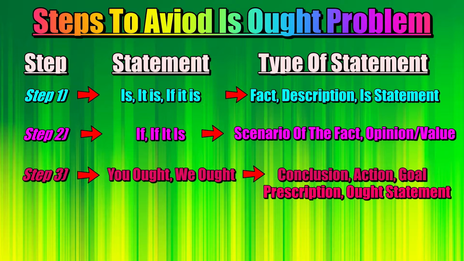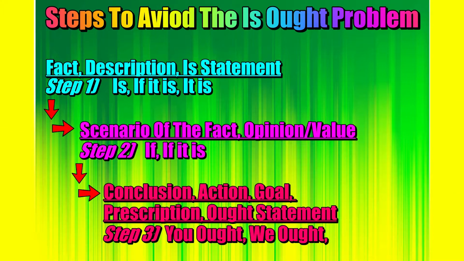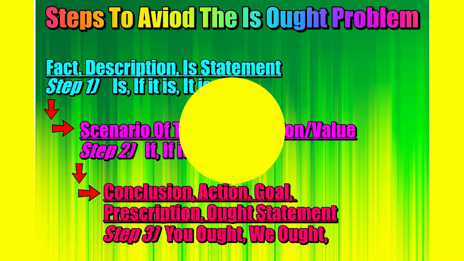But it's always a conclusion, a goal, a prescription, and that is our ought statement. So to make this very simple with this diagram, your is statement is step 1, followed by your if statement, which is a scenario of the fact, which leads to your conclusion, your step 3, your ought statement.